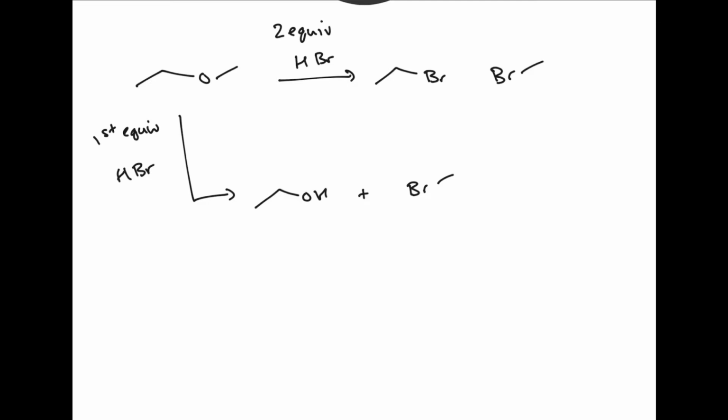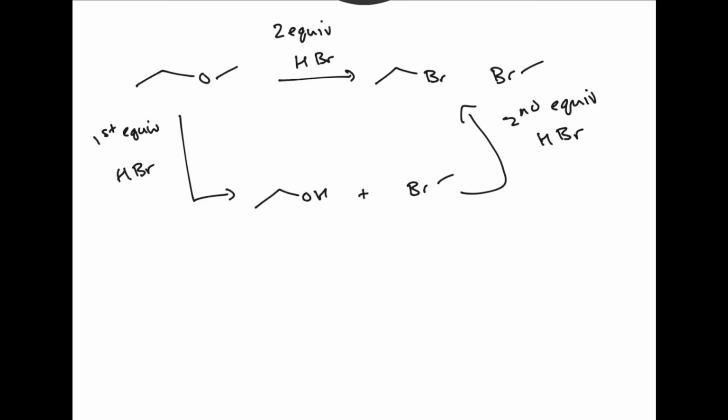It turns it into an alkyl halide. So the product of adding HBr to an ether gives us an alcohol which can react with HBr to give us an alkyl halide. So I'm making a product that can then react with my reagent.